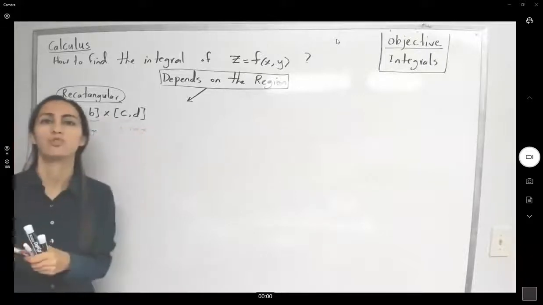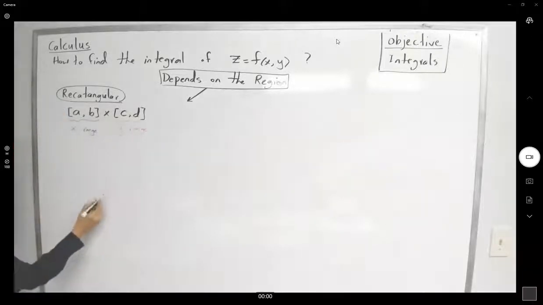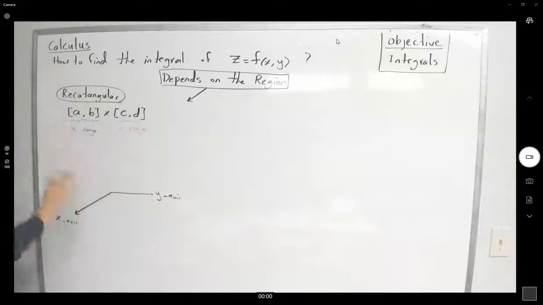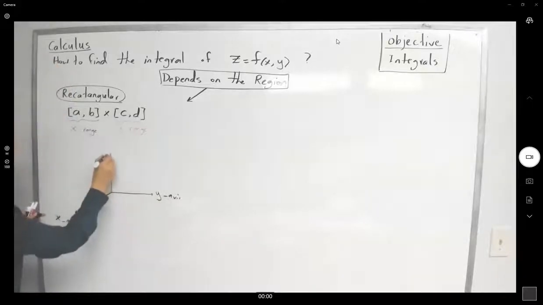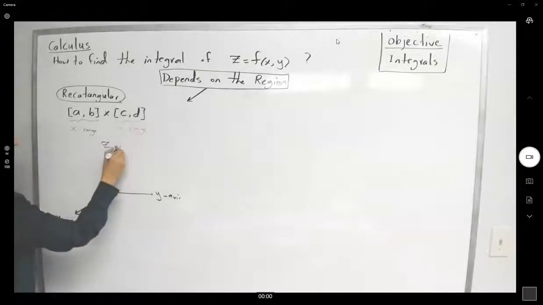So how do we visualize that? The visualization is like this. Here you have your x-axis, then you have your y-axis, and then you have your surface, whatever it is, on top or below, the z-axis.